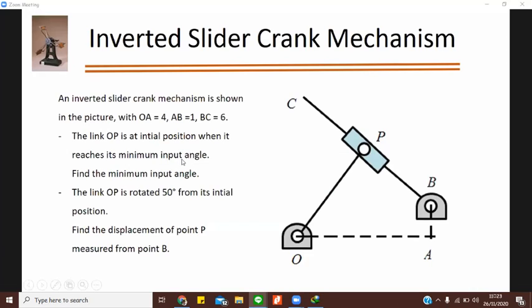So we have to find the minimum input angle, and the link OP is rotated 50 degrees from its initial position. So what will happen? Link OP is rotated 50 degrees from its initial position. Let's say if it is 30, it's rotated 50 and reaches 80. That's just an example, it's not actually that.